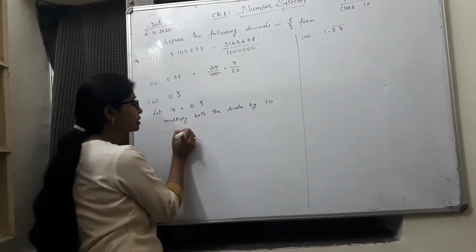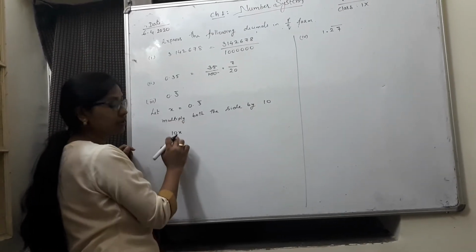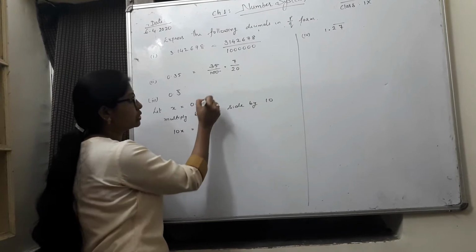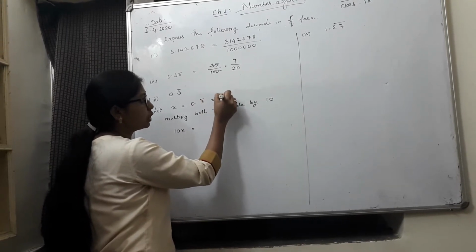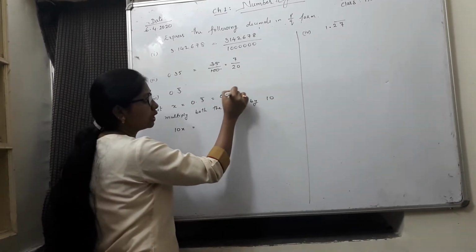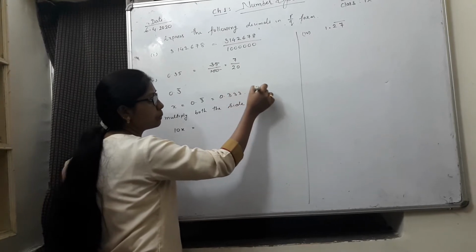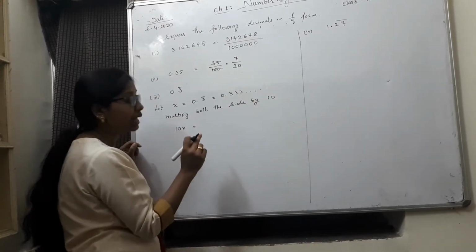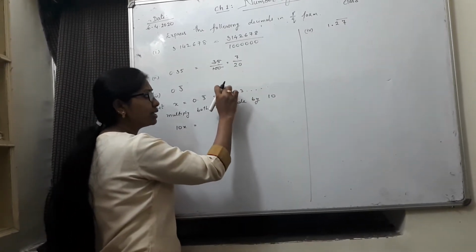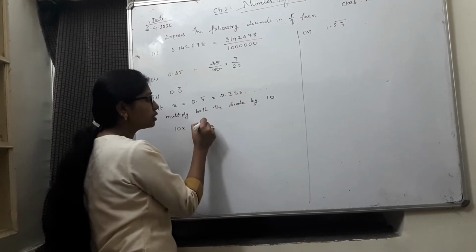So 10x is equal to 3.333 and so on, since 3 is repeating. When you multiply by 10, the decimal is shifted to the right hand side.